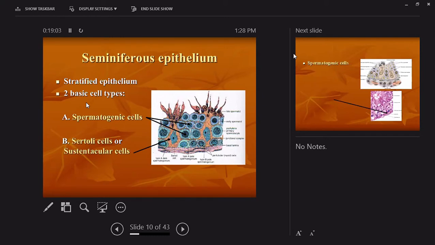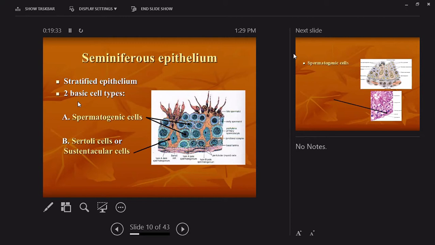The Sertoli cells are big because they give nutrition to the developing cells: spermatogonium, then spermatocyte, up to early spermatid and late spermatid.